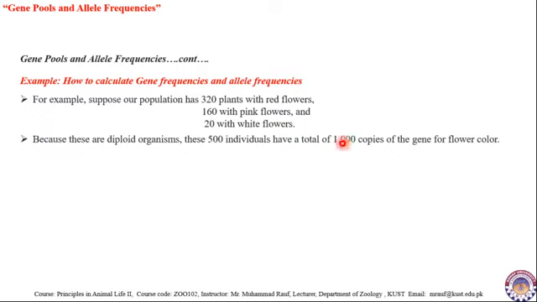So there are 1000 copies of the gene, or 1000 copies of the allele determining the flower color.